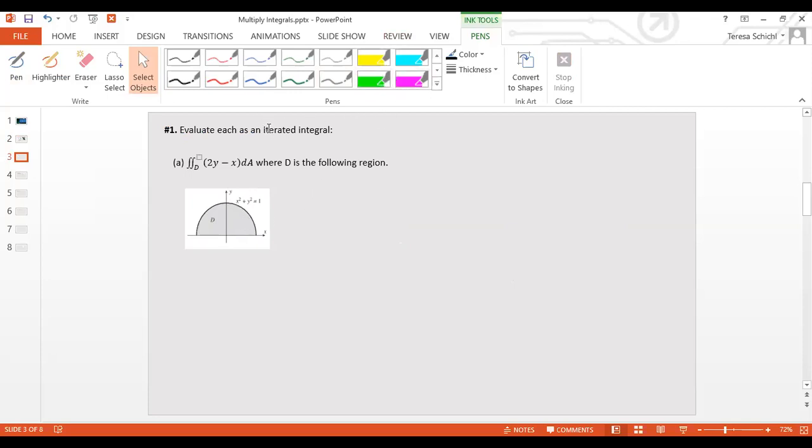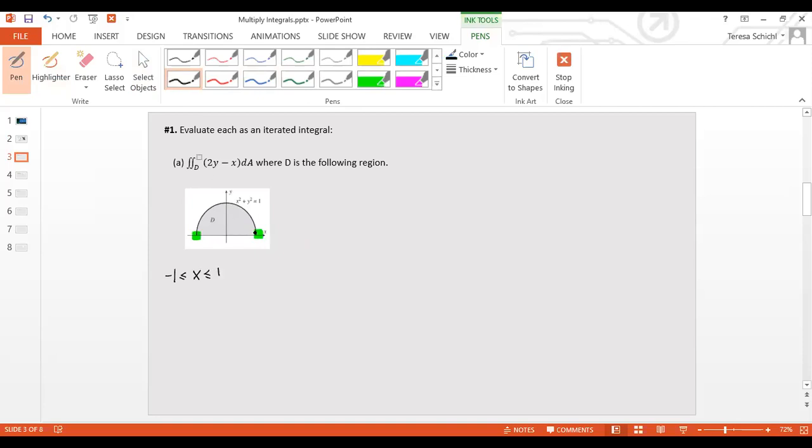This is a type 1 region because my x bound is fixed. Since it's the half circle, I know my x bound is from -1 to 1.